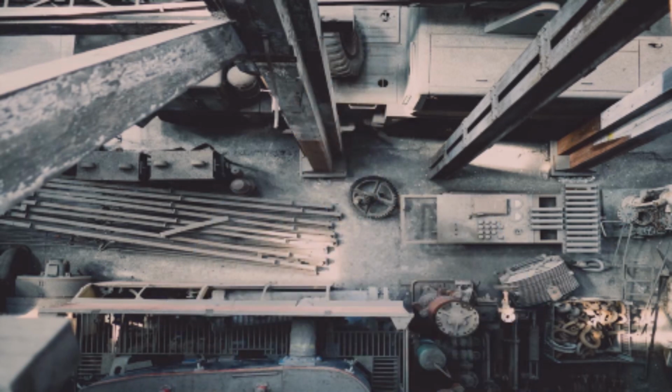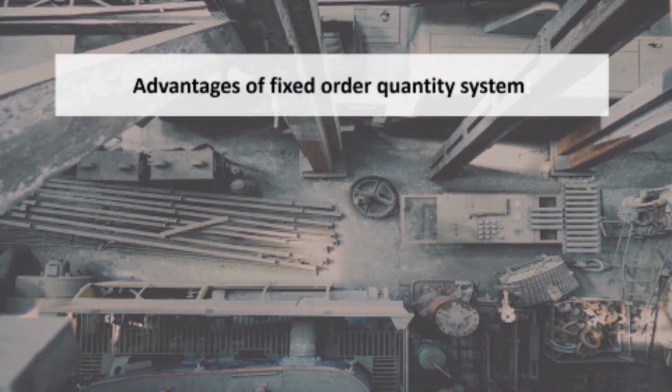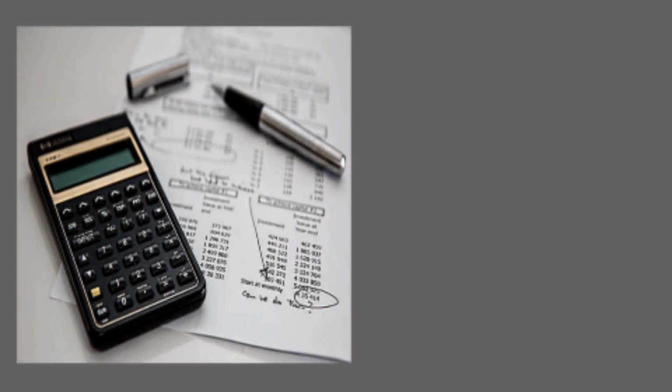Here T represents the cycle time. It may be different: T1, the first cycle, may differ from the second cycle. It means the period of consumption may be different, but the quantity of order you are placing will remain constant. So what are the advantages of the fixed order quantity system? Number one, each material can be procured in the most economic quantity.